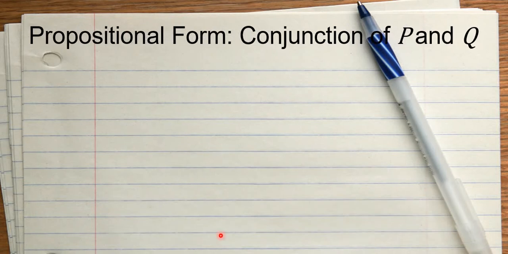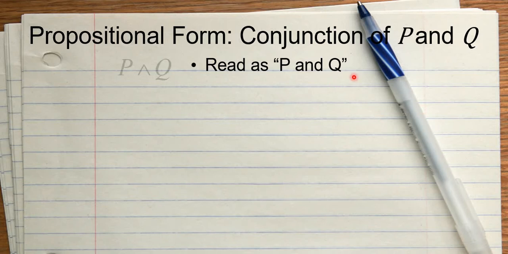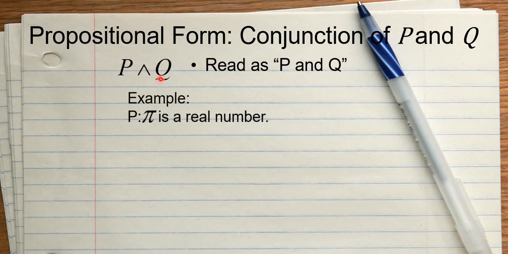The next propositional form is the conjunction of P and Q. So this is usually read as P and Q. So we have this way of writing P and Q. So for example, let P be the statement pi is a real number, and let Q be the statement pi is also a constant.